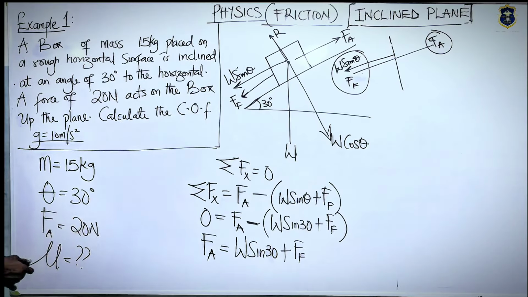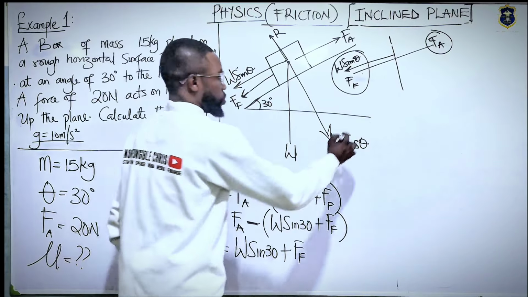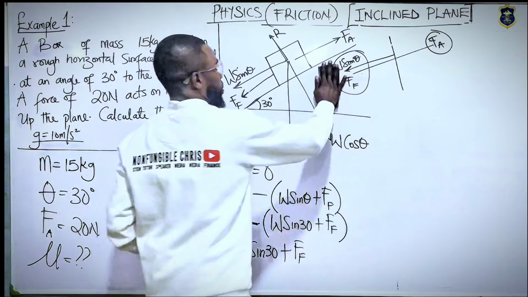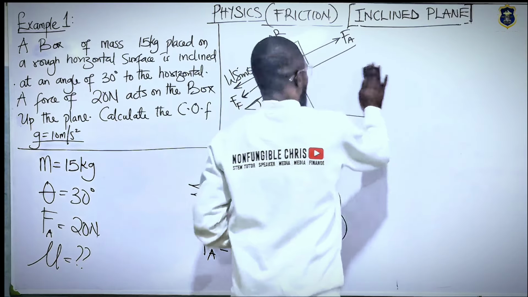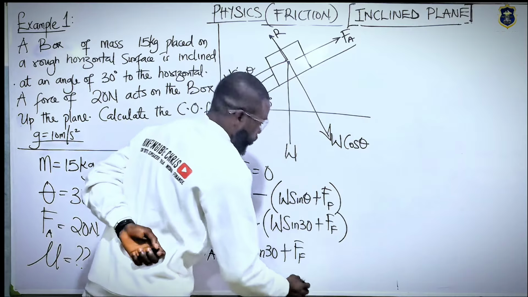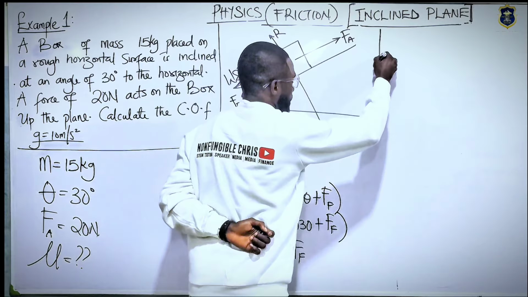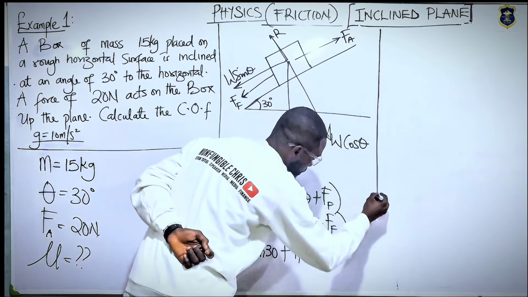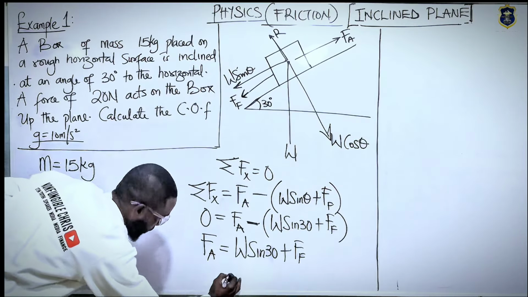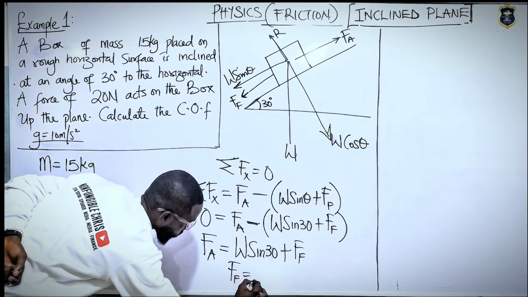But now we know that frictional force, let's clean this place off. We know that frictional force, pardon my line, I hope it's straight. We are aware that frictional force is equal to what?